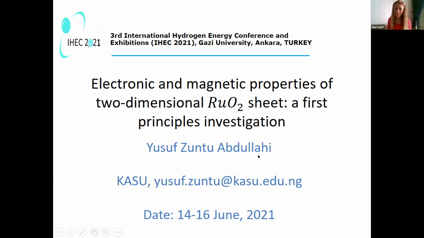So I would like to share with you brief theoretical findings on the electronic and magnetic properties of the ruthenium dioxide sheet, the distorted octahedral phase, based on first principle calculations, with the hope that the study will provoke further investigations.